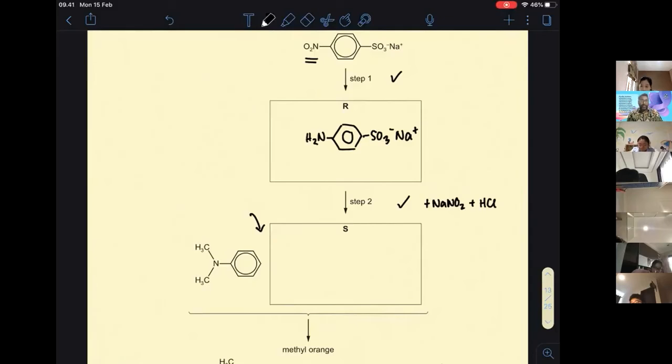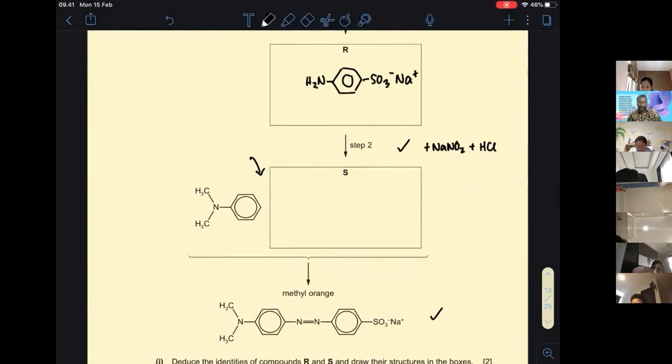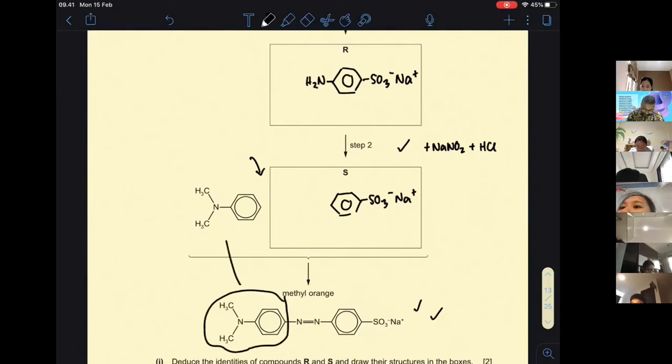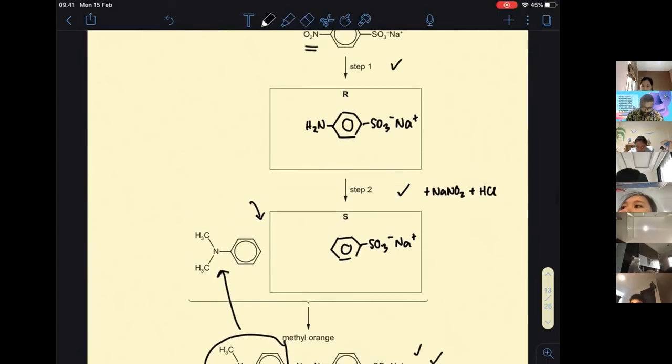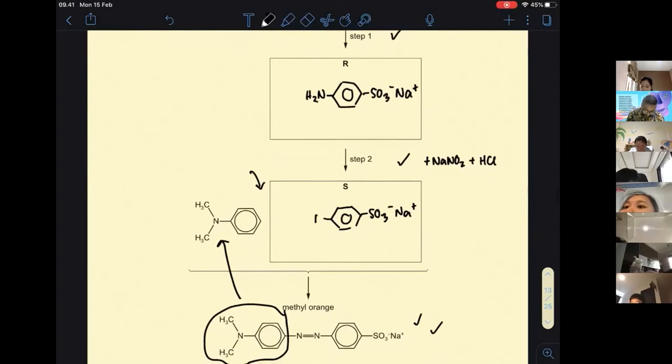In a simple way, I will write it down like this: SO3 minus Na plus. Here you need to mention, this part is coming from here, so here you must have N2 plus.